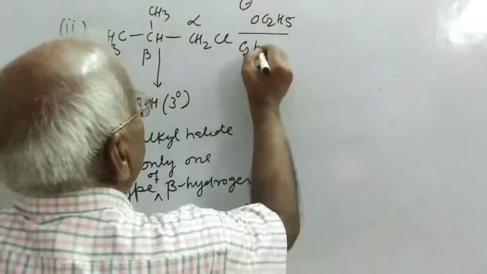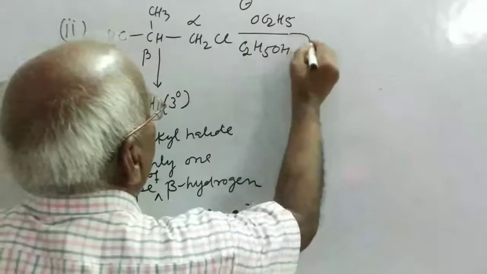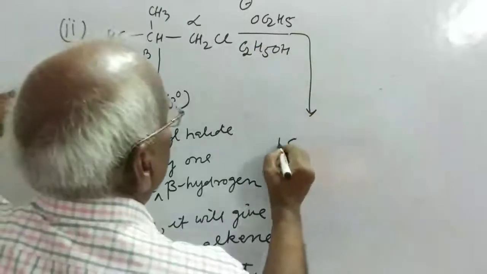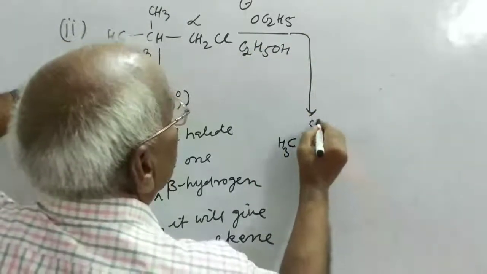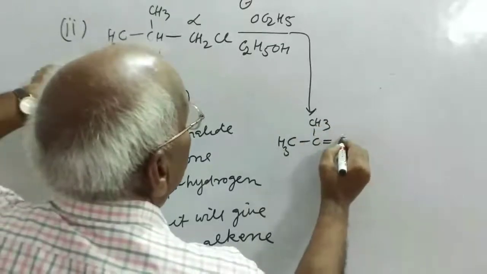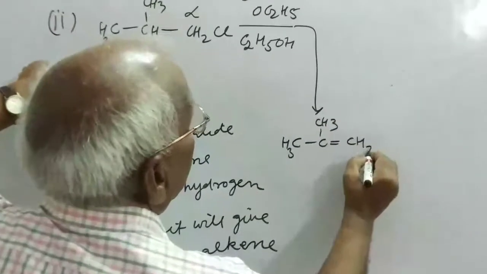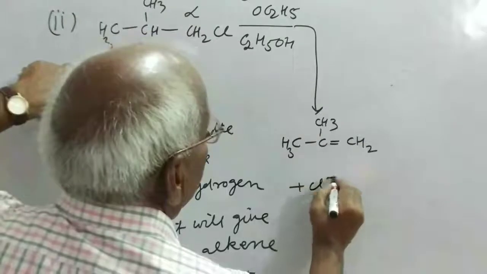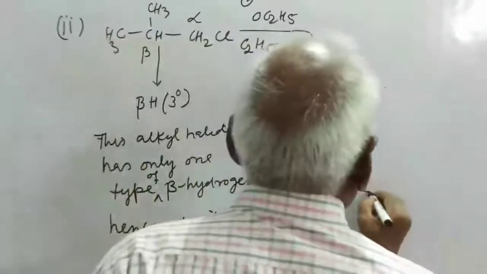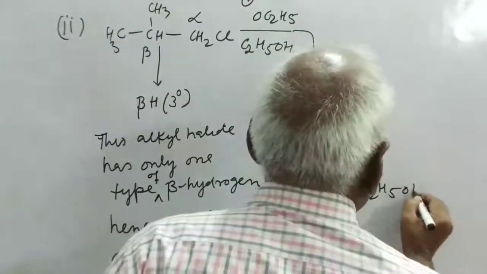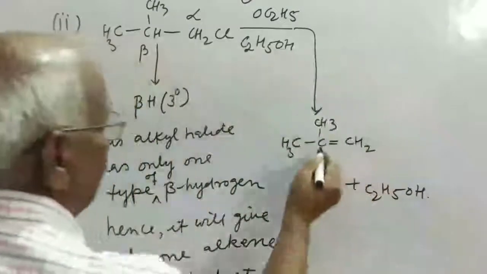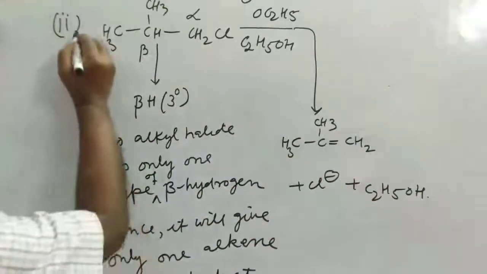In presence of ethanol, it will give only one product, isobutene, CH2 plus Cl minus plus C2H5OH. This is isobutene. Third example.